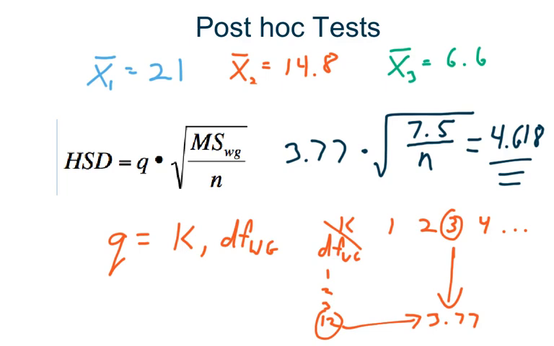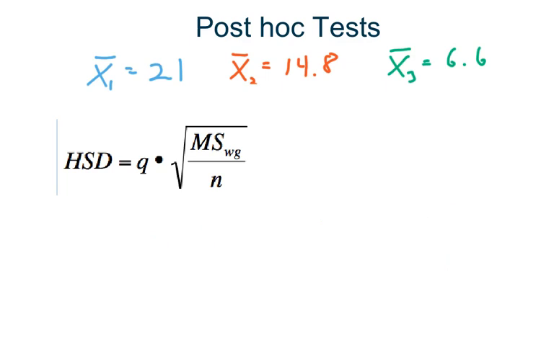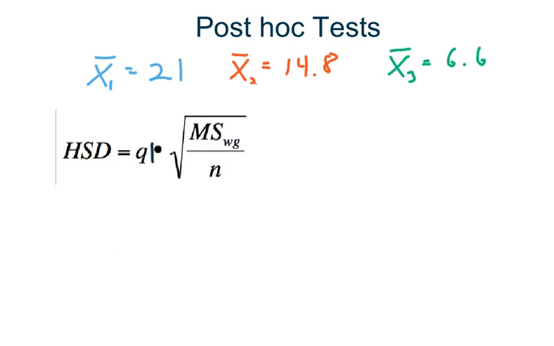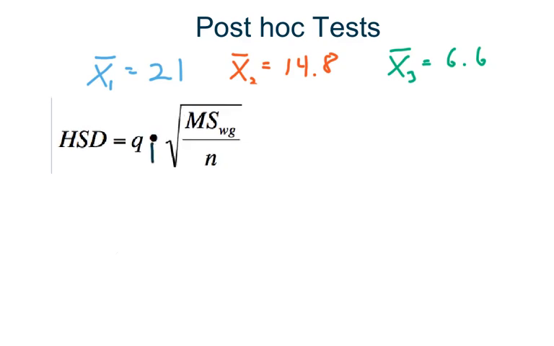So let me clean up the page here. We calculated that HSD, the honestly significant difference, to be 4.618. Now we just walk through all of the possible pairs or comparisons of our means and see if they are larger than that critical value.